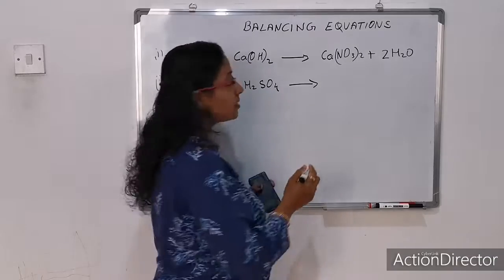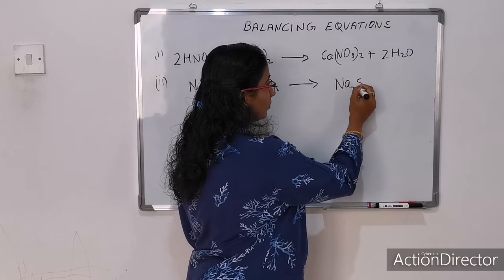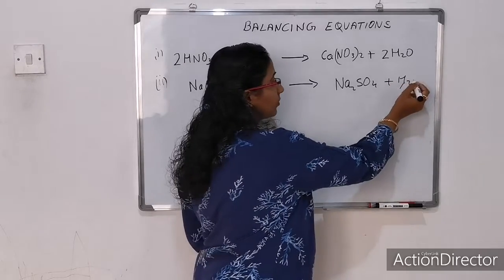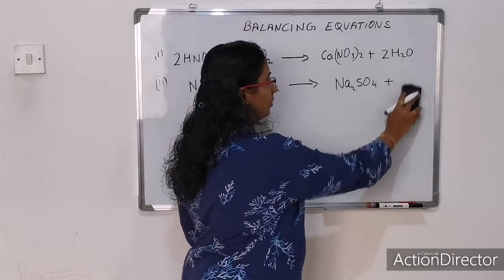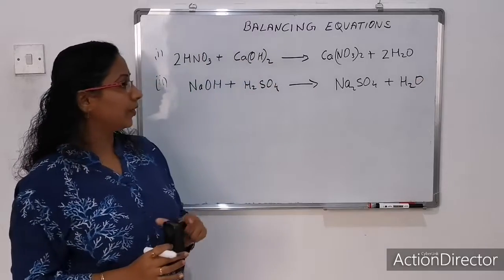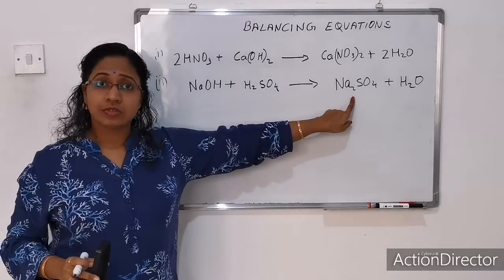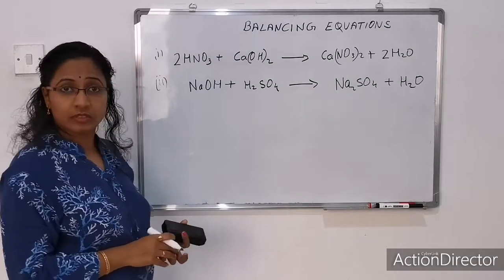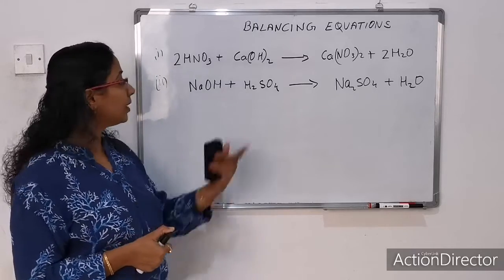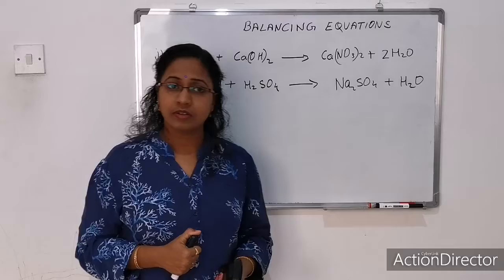So this gives Na2SO4, salt, plus water. So this is NaOH, sodium hydroxide, plus sulfuric acid giving sodium salt plus water. That is the general equation for all when a base and an acid combine. It gives a salt plus water.